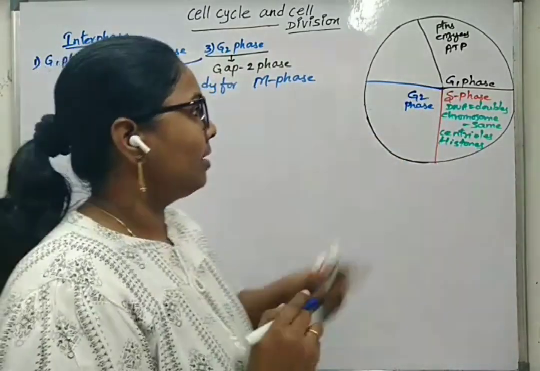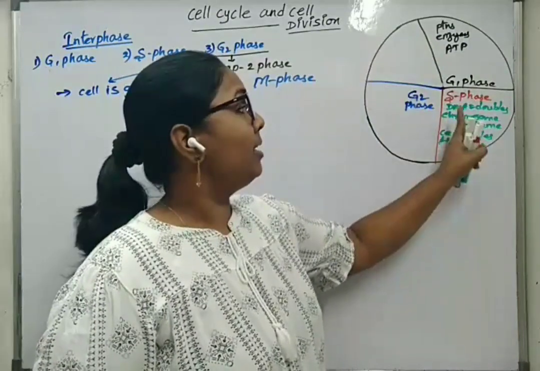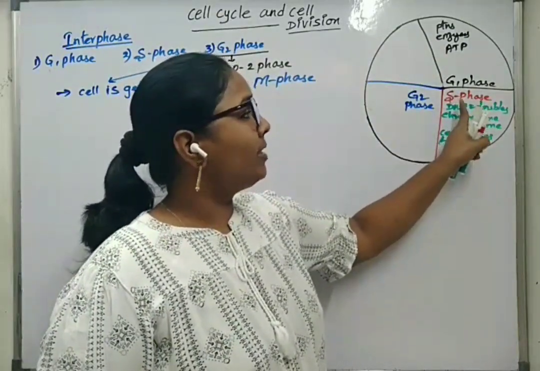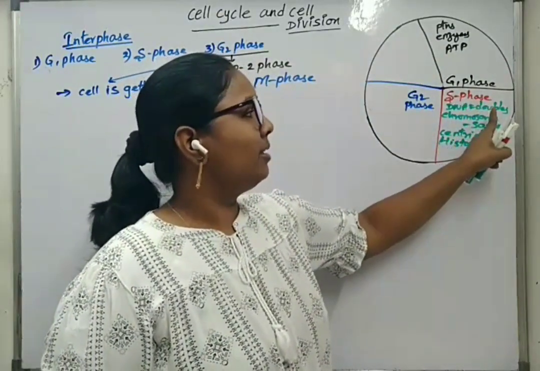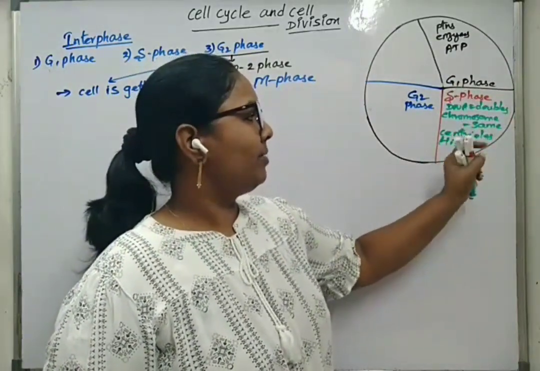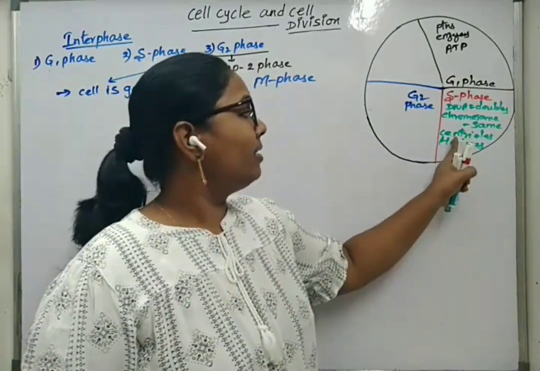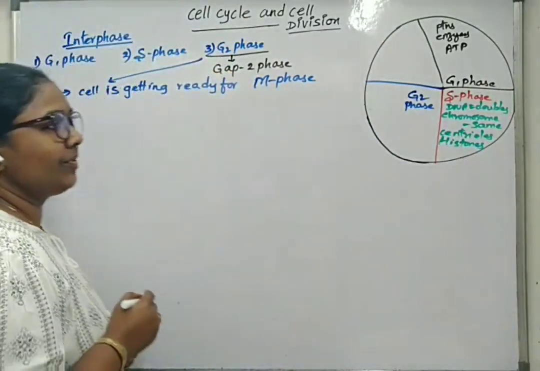Now, here some proteins are synthesized, enzymes are synthesized, ATP is synthesized. But by the time of S phase, DNA has got doubled. Means some ATP might have been utilized here. Chromosome numbers will be remaining same. New proteins have been synthesized. Again, some of the ATP might have been utilized during S phase.